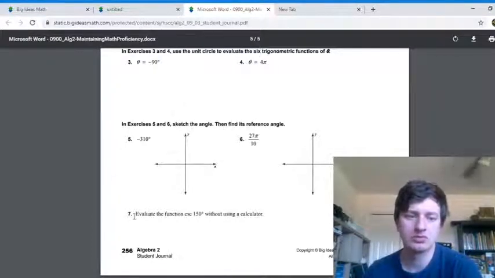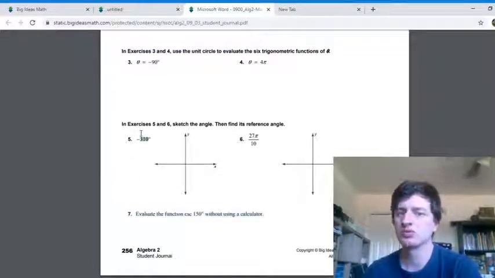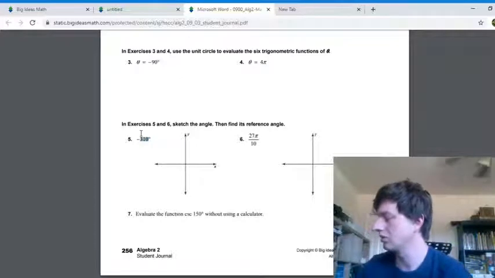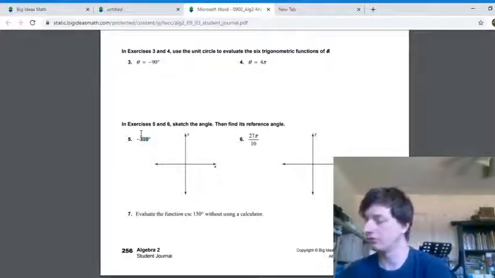I don't want you to do this 7 here. Don't need you to do this, but I do want you to be able to do these things. So we'll do those 2 examples, and I think we'll be done for today. So 5 here.